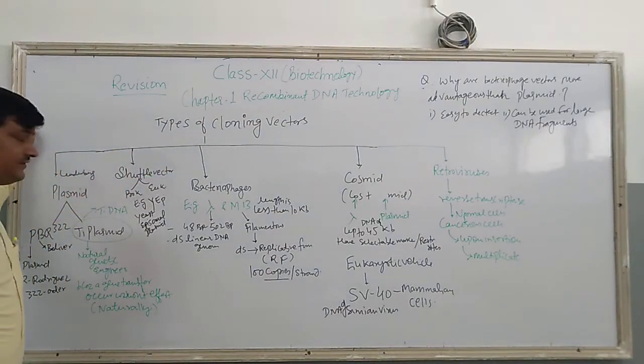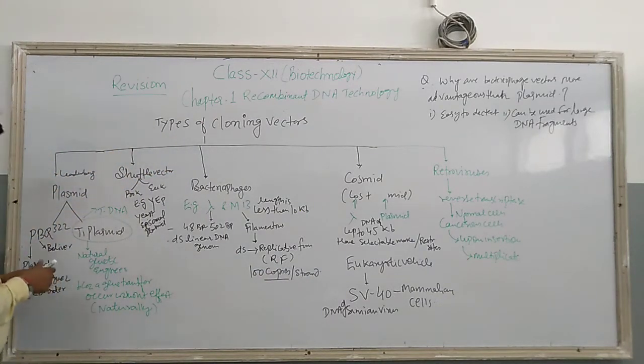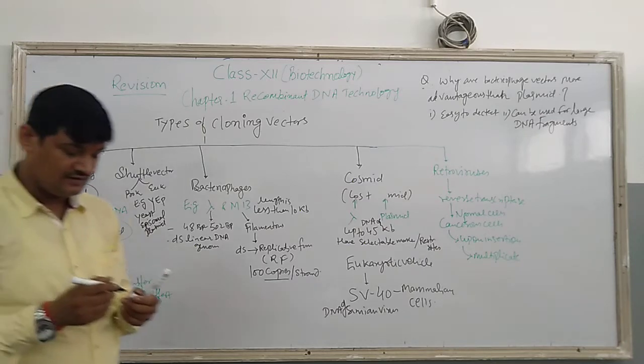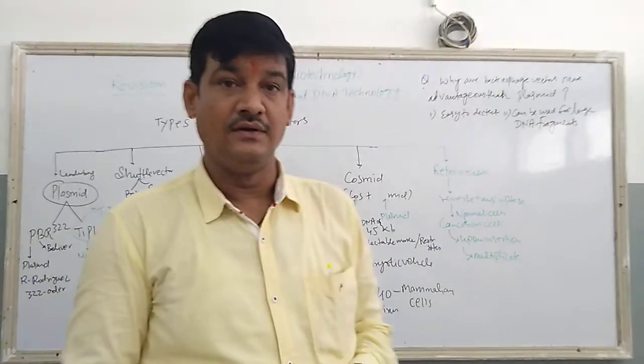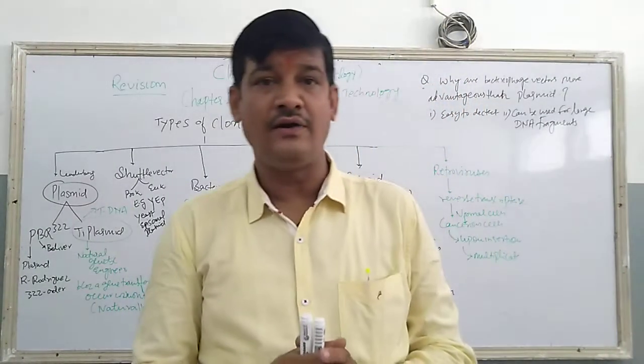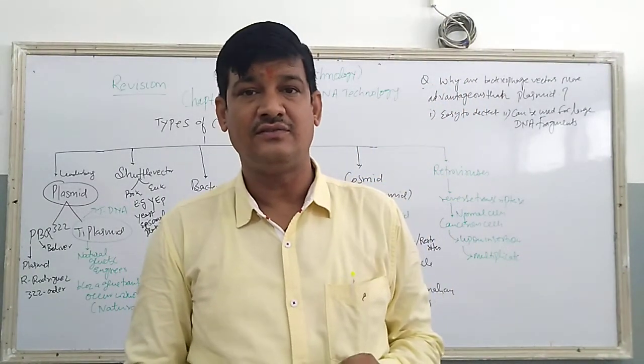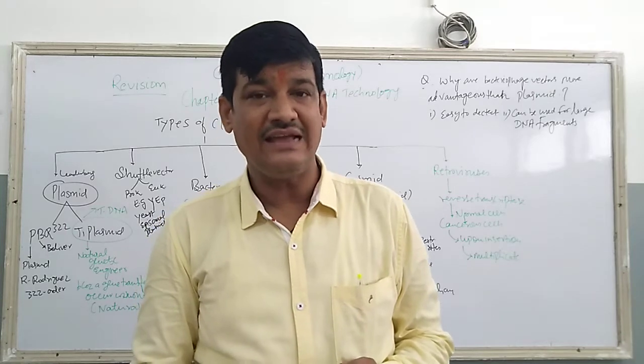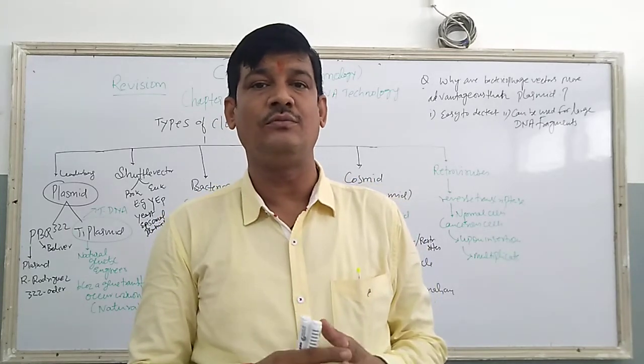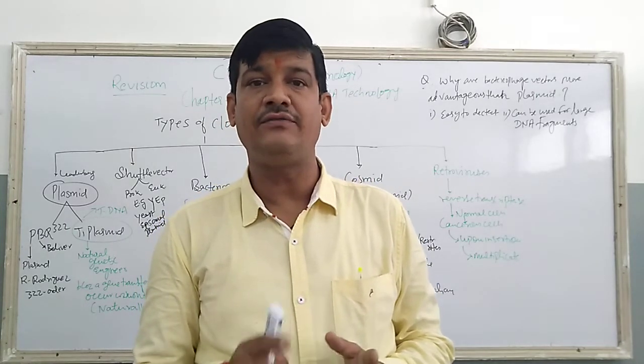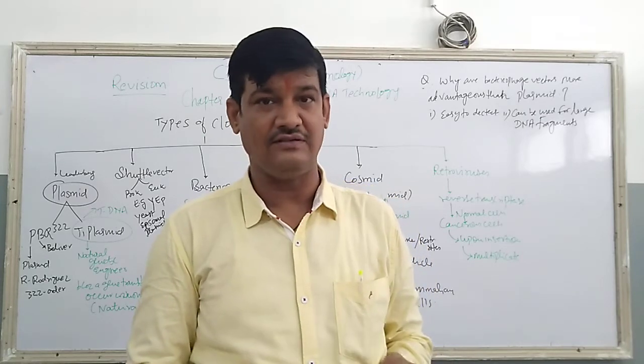Now the cloning vectors. The first one is the plasmid. Plasmids are found in bacterial cells. A plasmid is extrachromosomal genetic material apart from the DNA of the bacterial cell.